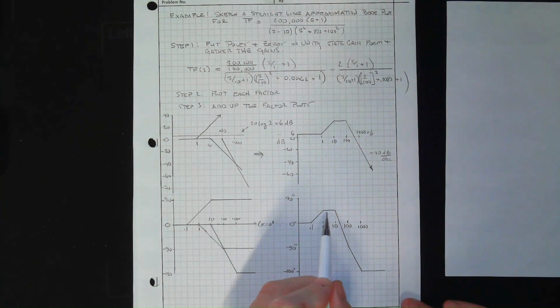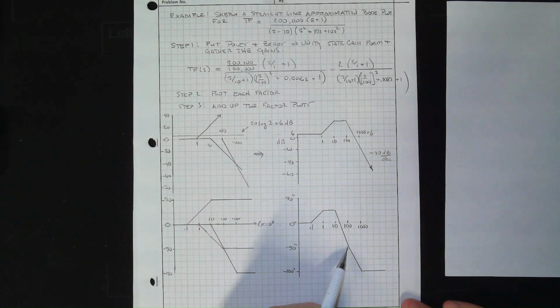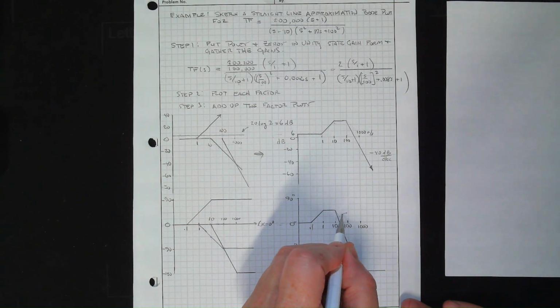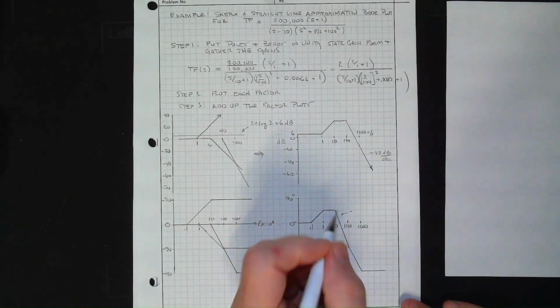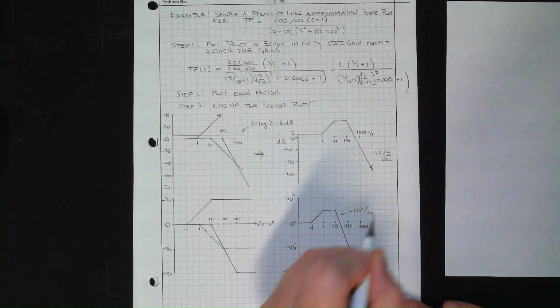And that's what we have. So here we were at 45 where they leveled off. And so we're going to lose 45 due to this one and 90 due to this piece. That takes us to minus 90. So here we had a slope in here of minus 135 degrees per decade.